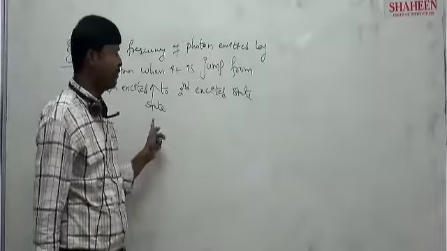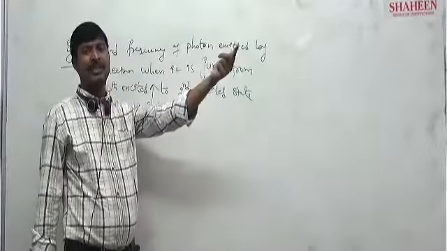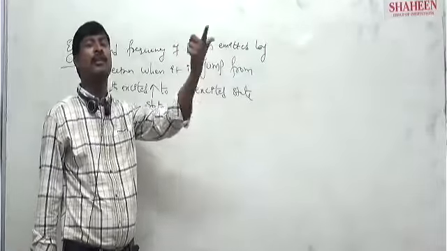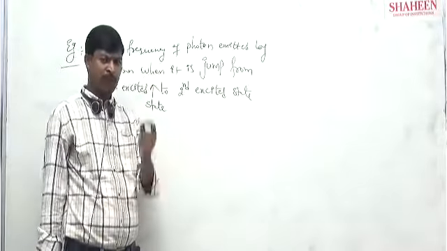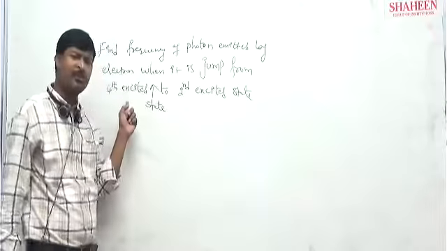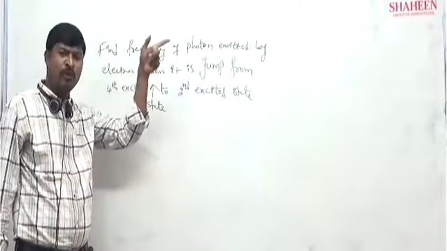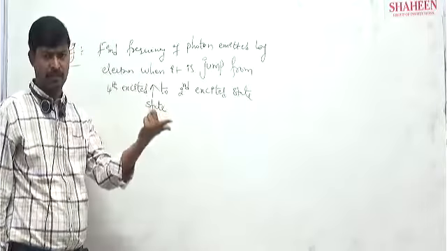Fourth excited state means what? Fourth excited state means fifth energy level, because ground state is n equal to 1. First excited state is the second. So like that, fourth excited state means fifth energy level, so n is equal to 5. Second excited state means n equal to 3. Correct?